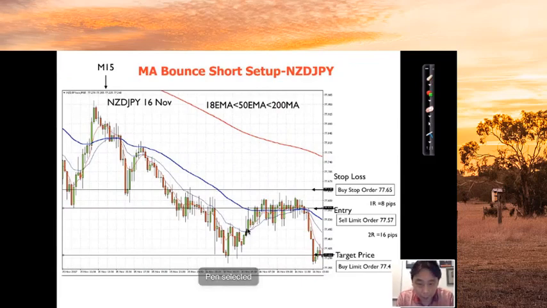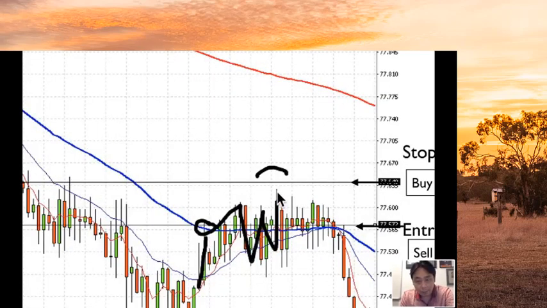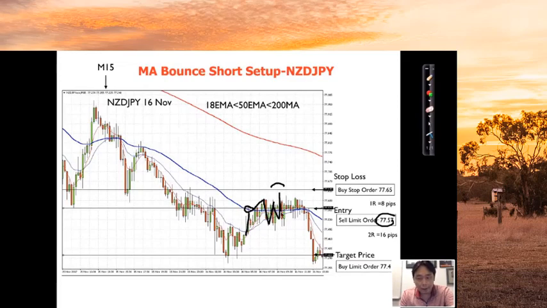The price went up here, and you can see that it triggered 77.57. So I was in the trade, and you can see it went sideways, right? In fact, it almost hit the stop loss here. You can see it almost hit, missed by about 2 pips, all right? Went sideways, and eventually, boom, it hit the target price. So again, this turned out to be a winning trade.